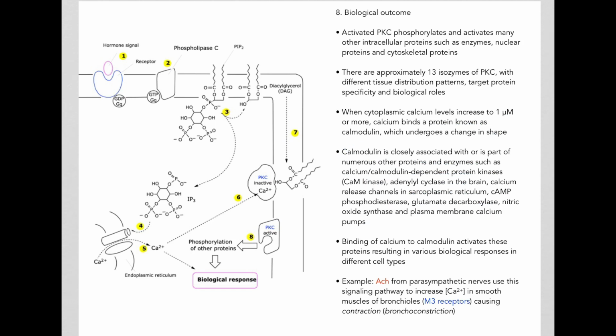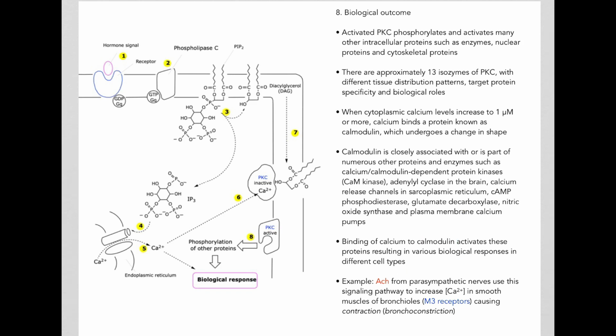So the binding of calcium to calmodulin will affect all of these proteins that are associated with calmodulin, and that's going to result in all kinds of biological responses in different cell types.